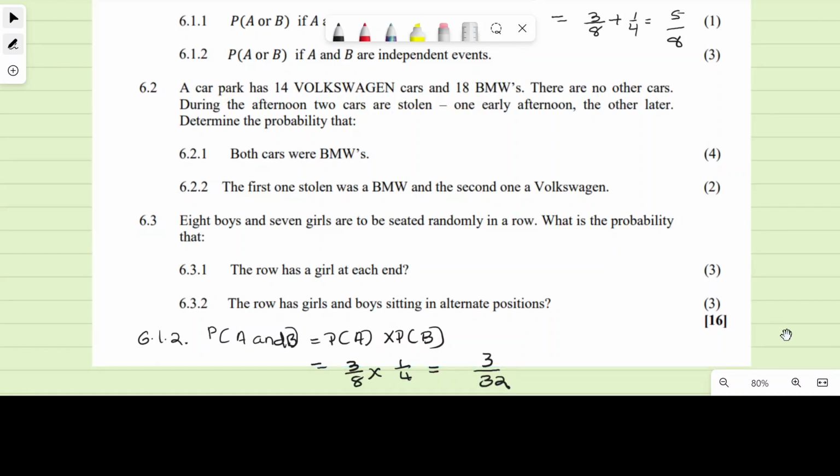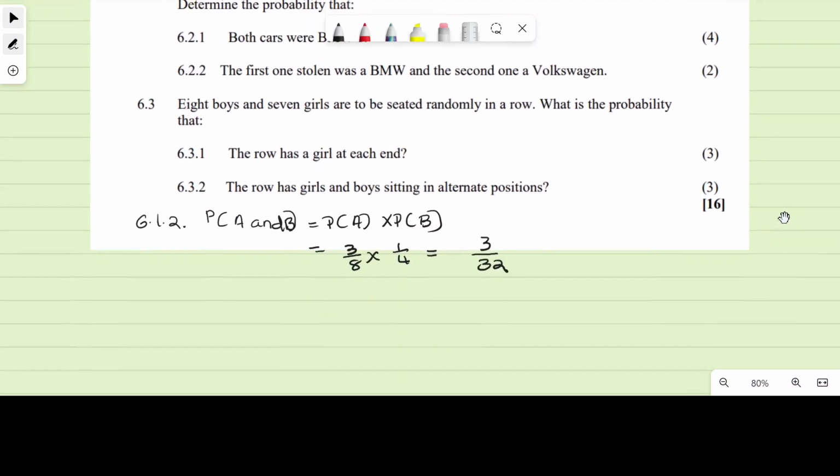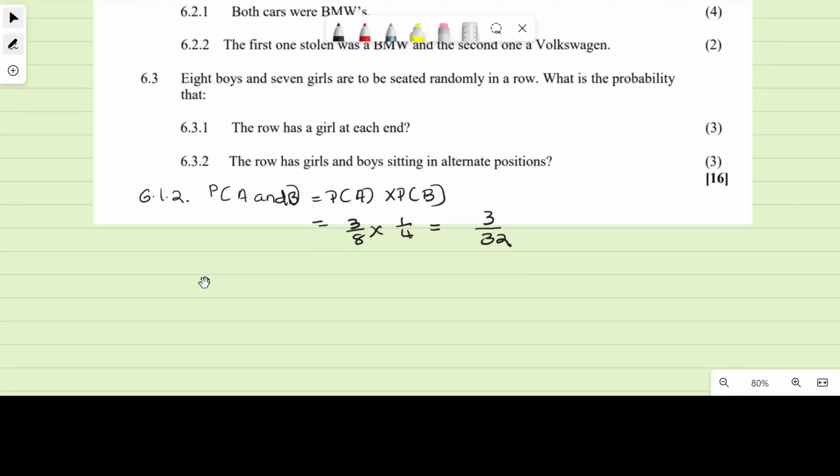But there is a formula for finding P(A or B). P(A or B) is equal to P(A) plus P(B) minus P(A and B).